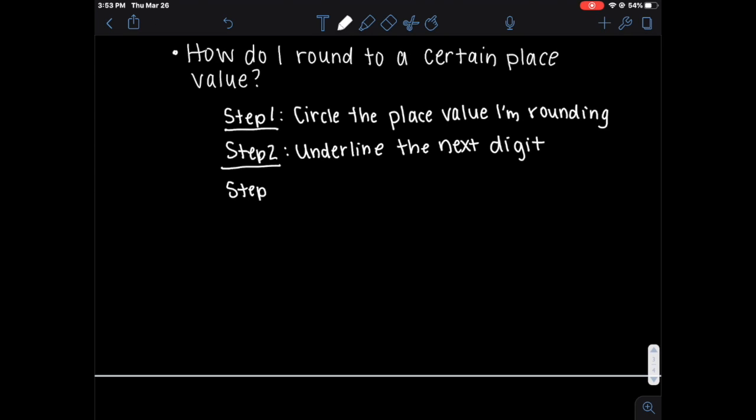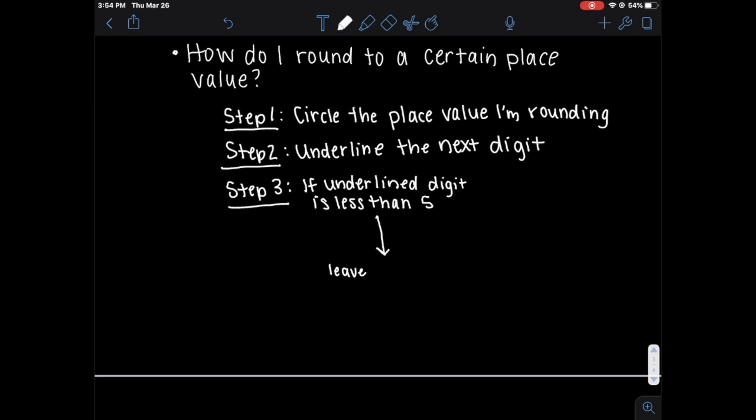And then finally, step 3 depends on one of two situations. Either if the underlined digit is less than 5, we are going to leave our circled digit the same.